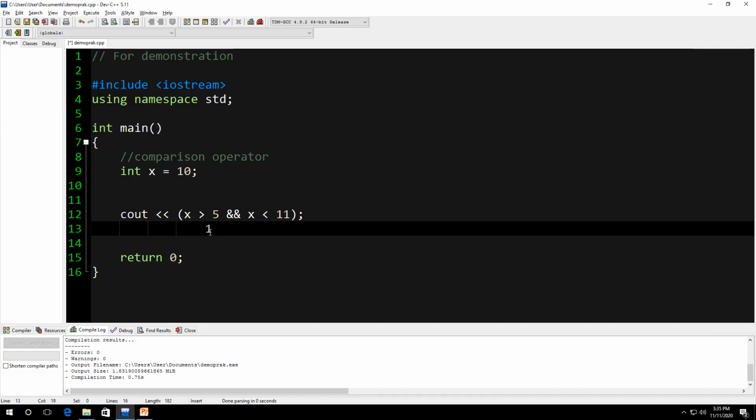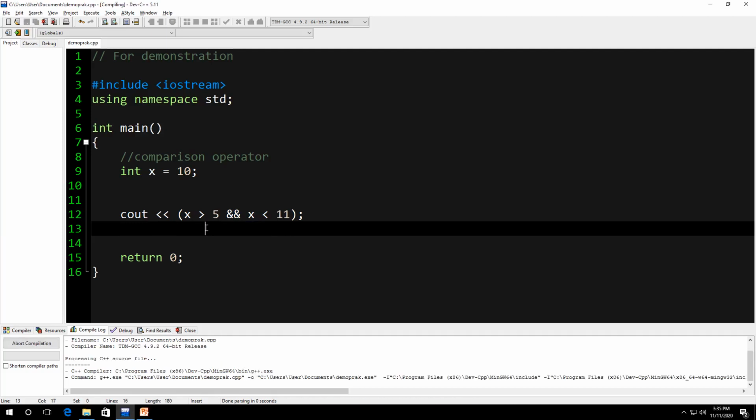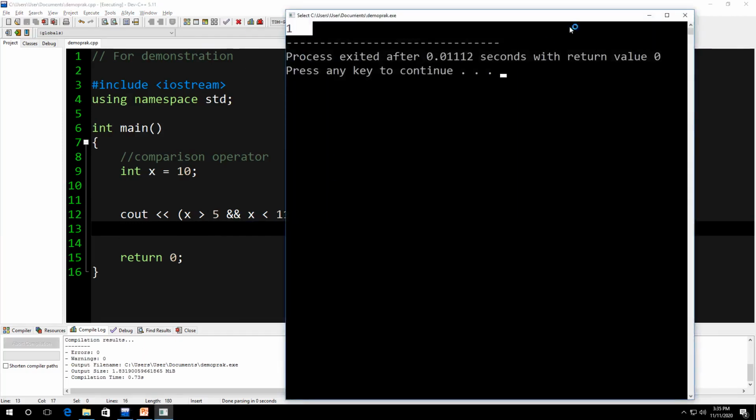And then, logical AND, is x less than 11? Yes, 10 is less than 11, so it is still true. So the answer a while ago is true, so you get that true value, 1.